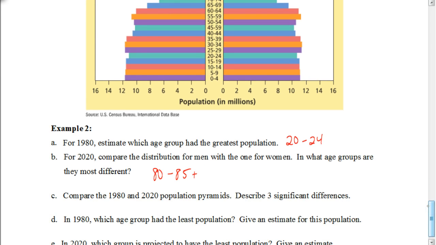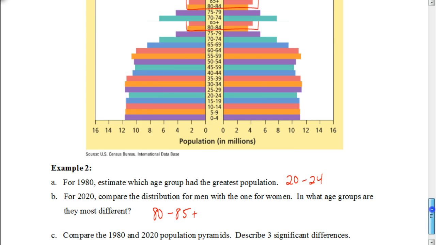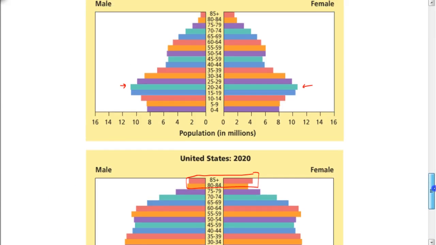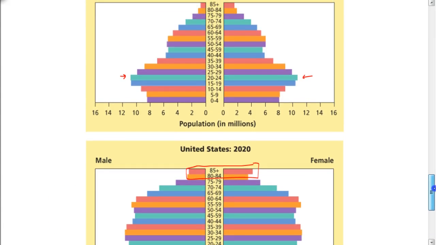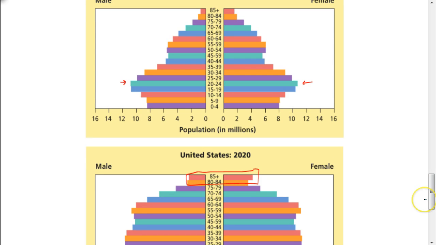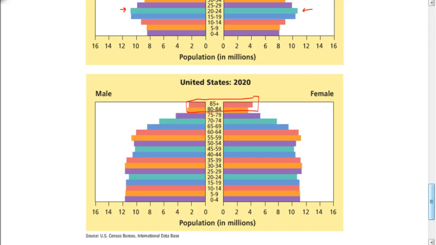And then it says in part C, compare the 1980 and 2020 population pyramids and describe 3 significant differences. So you can see that one major difference is that the population kind of peaked in 1980 between the ages of, let's say, 15 and 25, where in 2020 the prediction is that there's really no peaking.